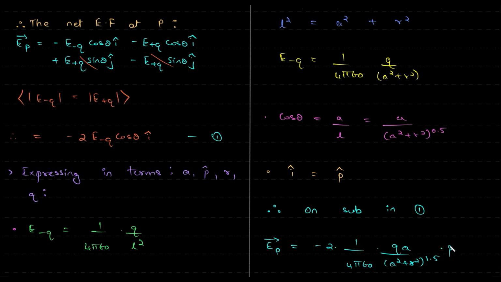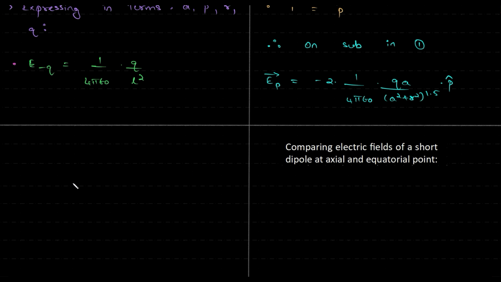And of course, we have P cap, instead of I. And finally, we substitute P, which is 2 times A Q. So when we do that, we have minus P by 4 pi epsilon naught 1 by A square plus R square to the power of 1.5 P cap.